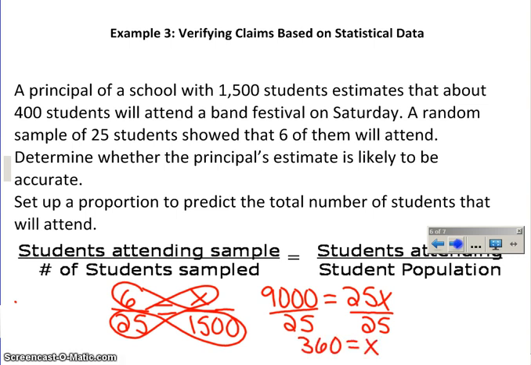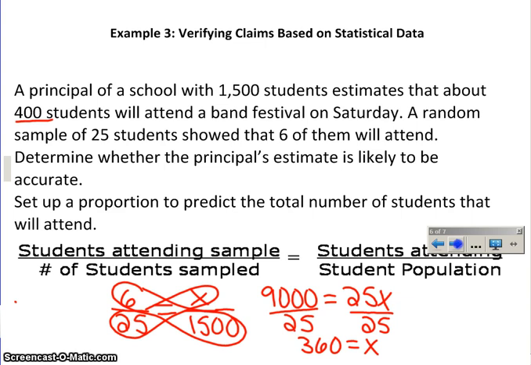So what we've just found is our prediction of how many total kids in the school will go to the band festival. Now we look back at the problem, and the principal thought 400 students will go. So I would probably say to the principal, no, I don't think there's going to be quite that many. I think there's only going to be around 360. So I would not agree with the principal's estimate. I think he's a little too high on this.